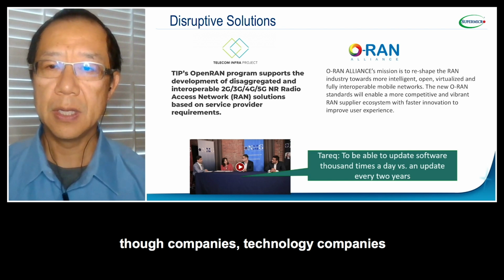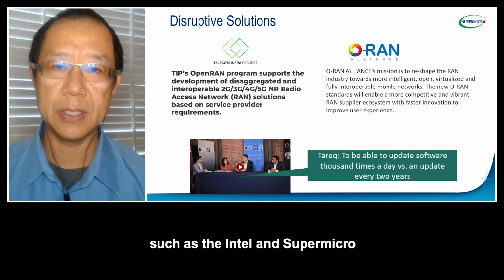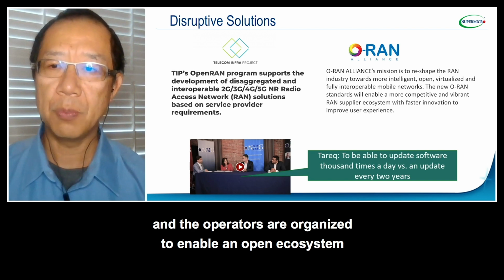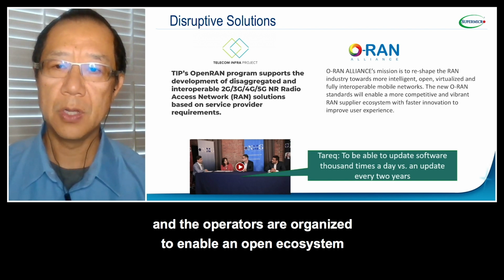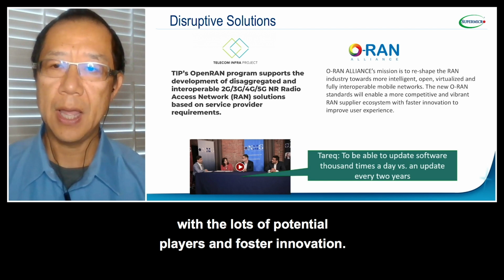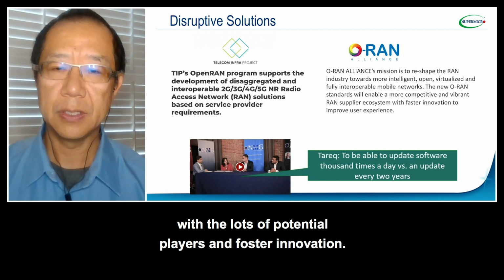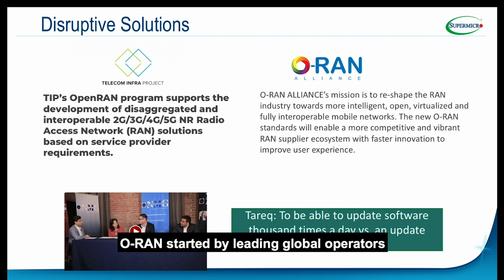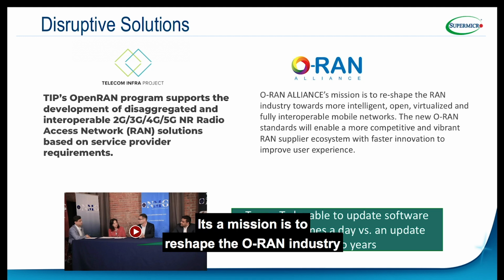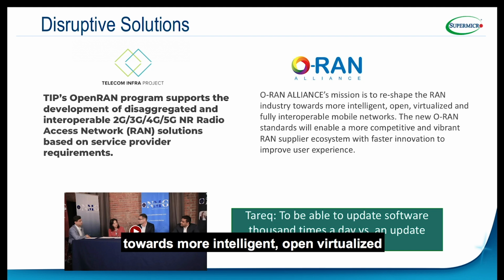So technology companies such as Intel and Supermicro and operators are organized to enable an open ecosystem with lots of potential players and faster innovation. ORAN was started by leading global operators such as AT&T and China Mobile. Its mission is to reshape the RAN industry towards a more intelligent, open, virtualized, and fully interoperable mobile network.